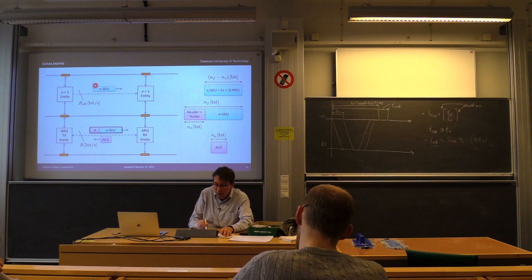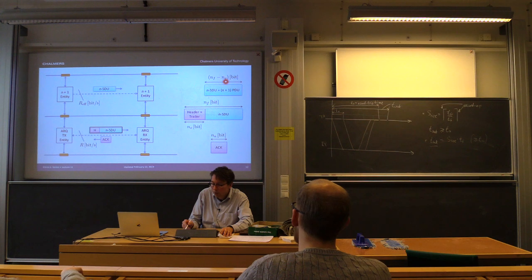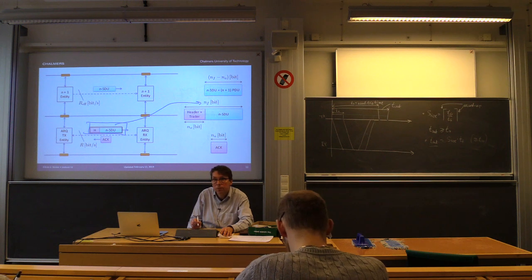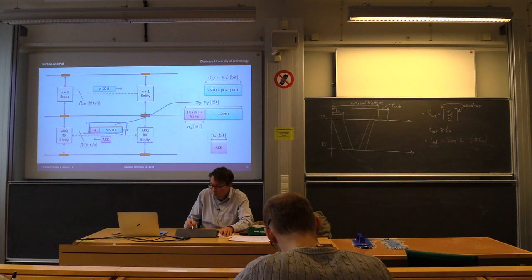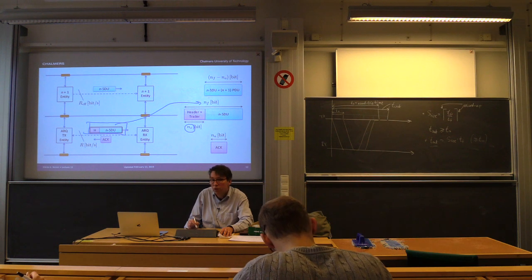These service data units here consist of NF minus N0 bits. So what is NF? NF is the number of bits in the transmitted frames. Out of those, N0 bits are headers and the like, which are of no particular use for the layer above us.